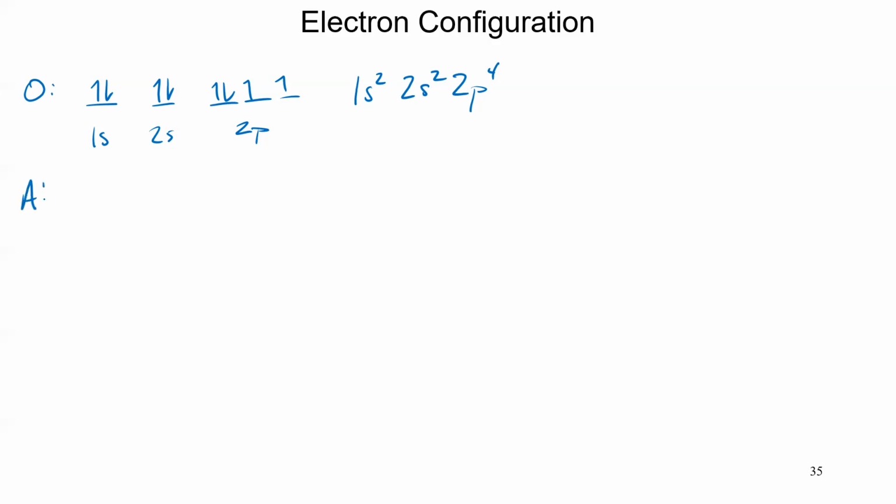If we looked at something like aluminum, who's got a periodic table handy? How many electrons are in aluminum? 13. 13, excellent. Because each orbital has only 2 electrons, we know we're going to need at least 7 orbitals. So let's work our way up. 1s, 2s, 2p, 3s, that's 6 orbitals.